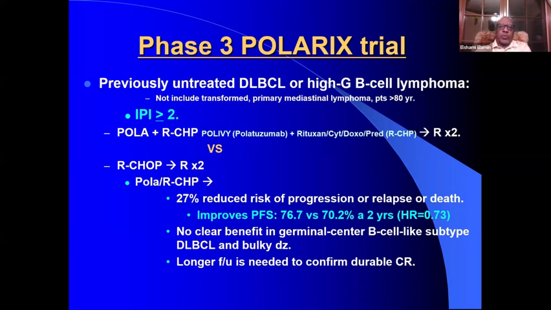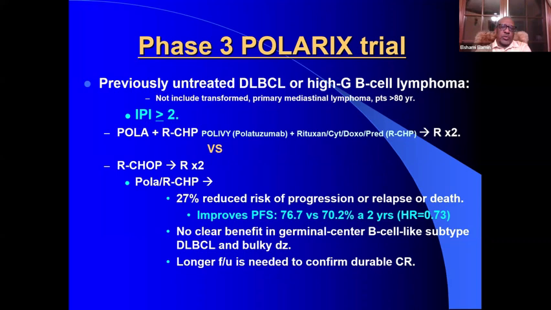It improved progression-free survival significantly, with a hazard ratio of 0.73, 76 versus 70. So it became one of the standard of care right now. There is no clear benefit in germinal center B cell. You remember the ABC or the germinal cell subtype. So there is no clear benefit in the B cell-like subtype and bulky disease.